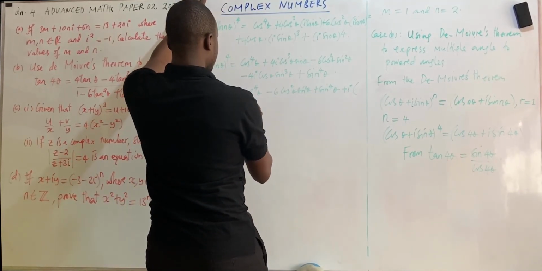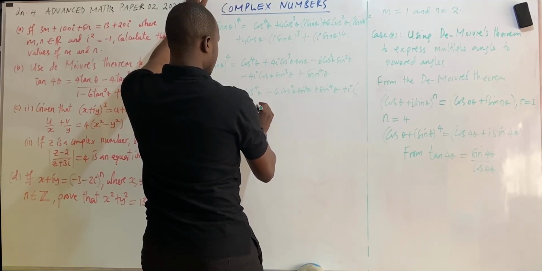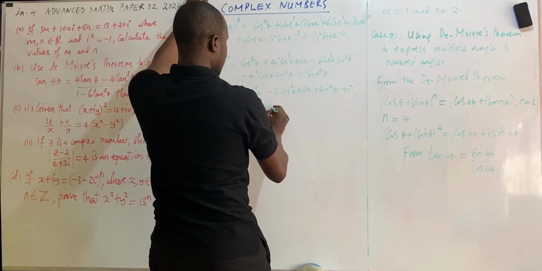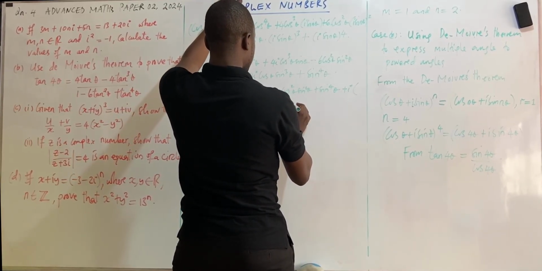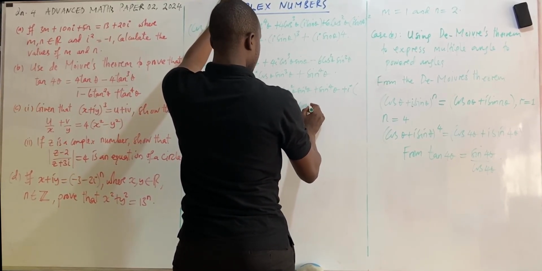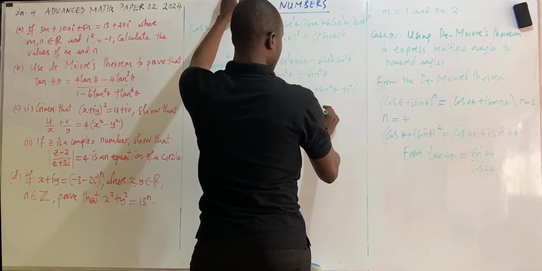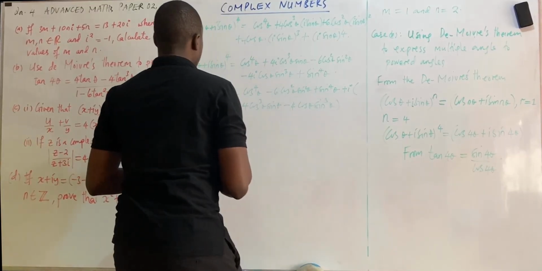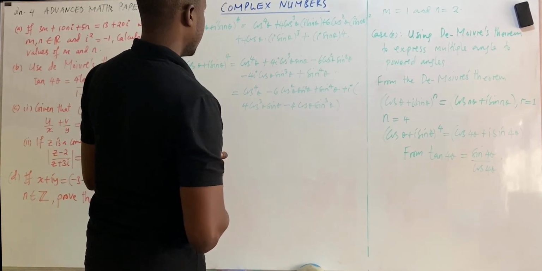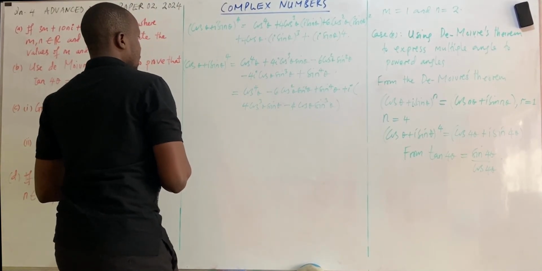So we start with this one. Here it is 4 cosine cubic of theta sine of theta. Then minus 4 cosine of theta sine cubic of theta, then bracket. So now we have termed separately the real and the imaginary parts for this expansion.